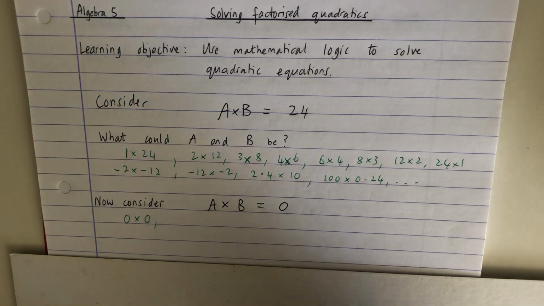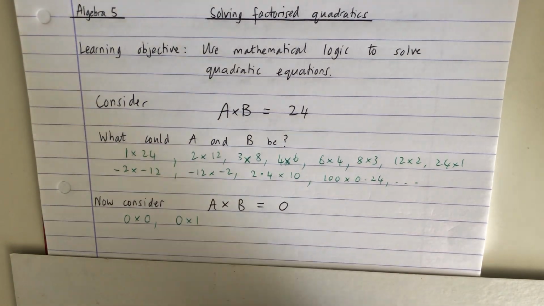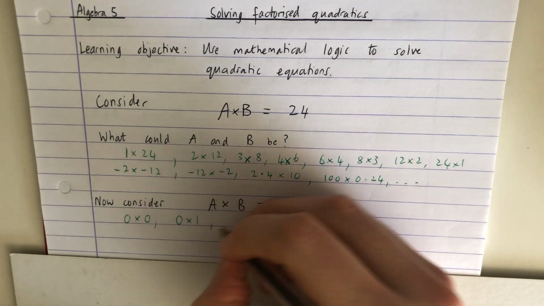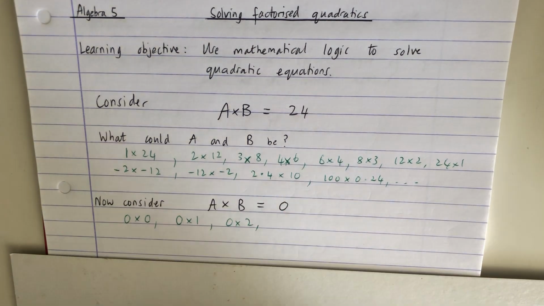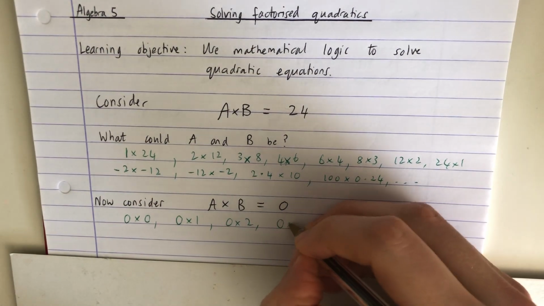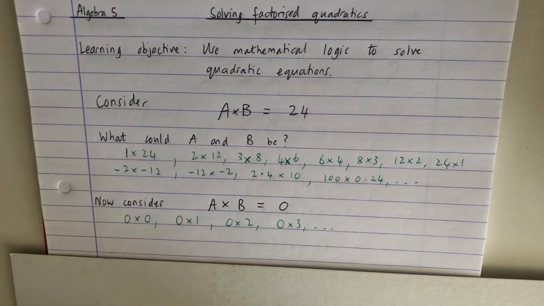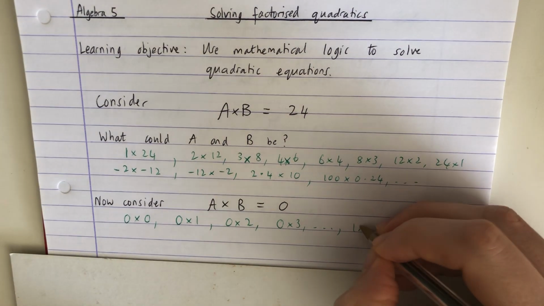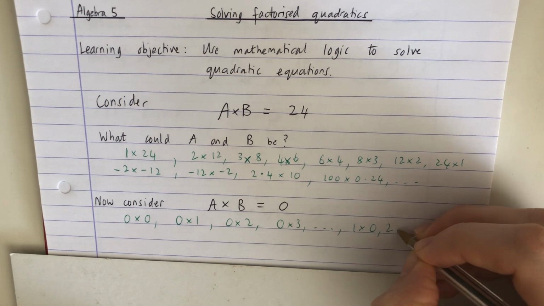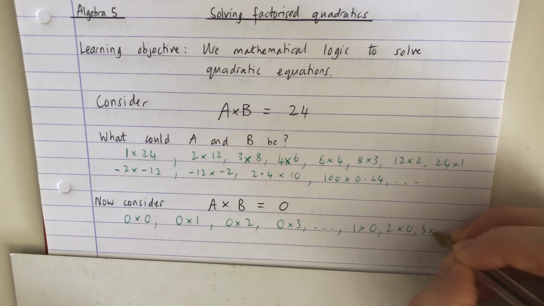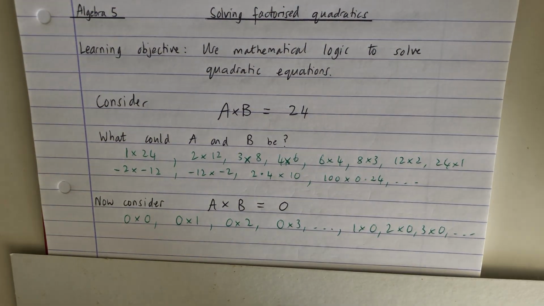What others could you get? You could get 0 times 1, 0 times 2, 0 times 3, and so on. You could even get some of these in reverse: 1 times 0, 2 times 0, 3 times 0, and that would go on.